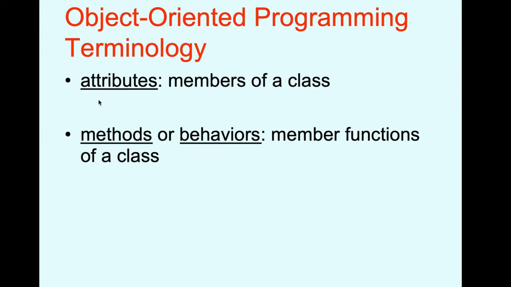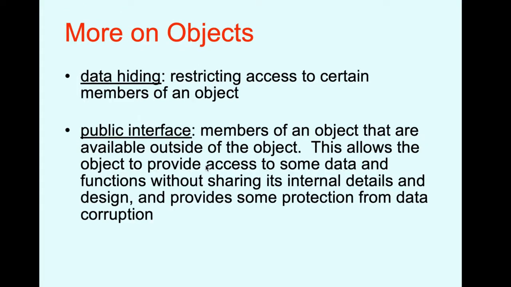So each class has attributes. Attributes are the data members. Okay, and methods. The methods are also called behaviors. The methods are the functions that we define in a class. Mostly the data members are in a private area, where these properties are inaccessible from outside the class.